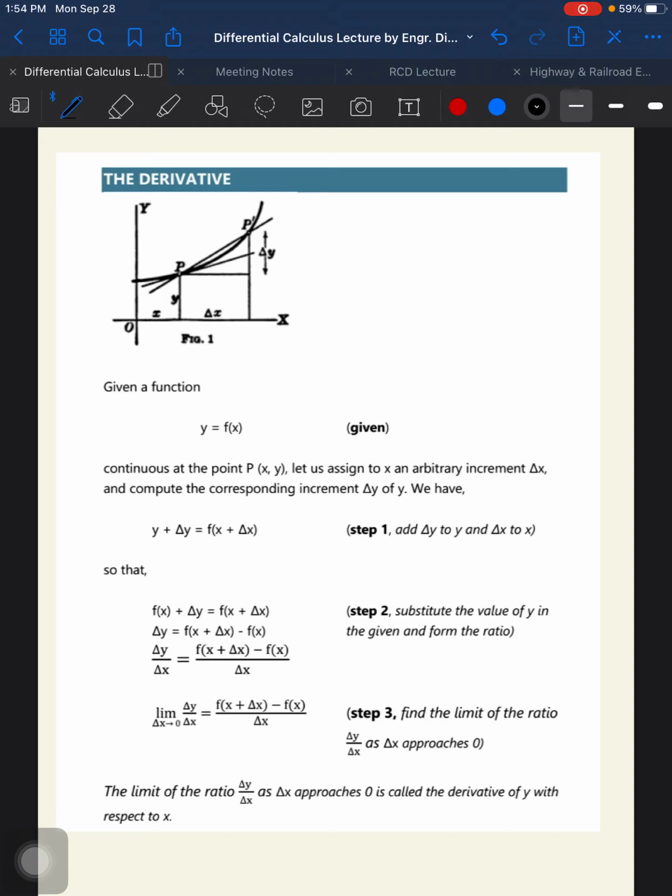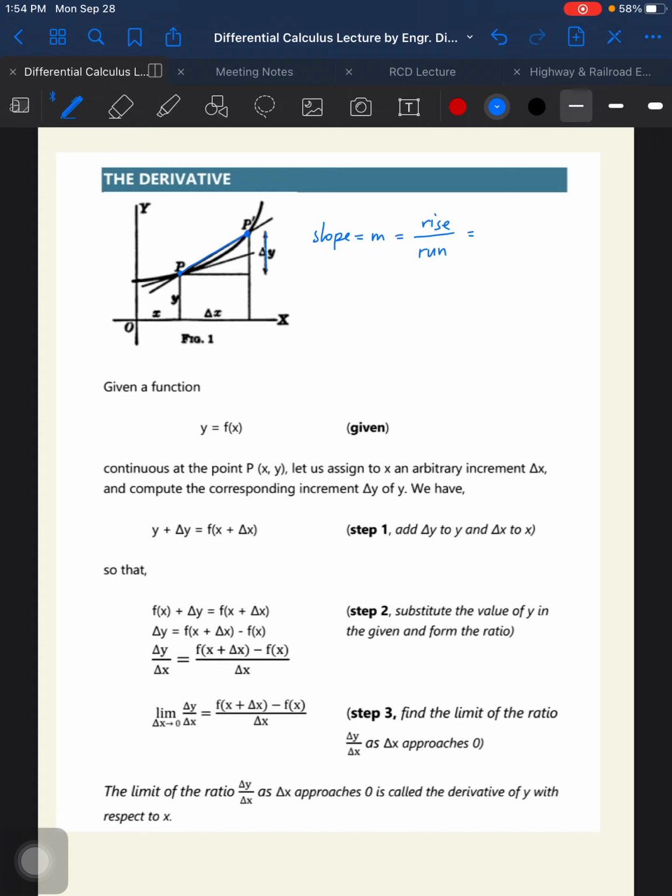look for the slope of a line, for example here in the figure, we have your line from point P to point P prime. We get the slope m as the rise over run. Now in the figure, what is represented by the rise there?